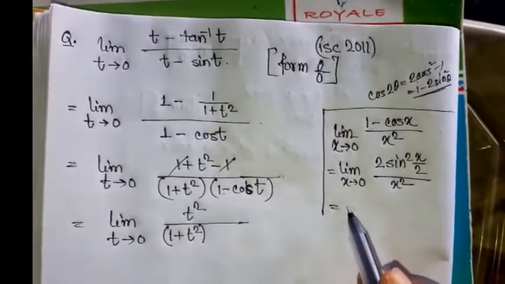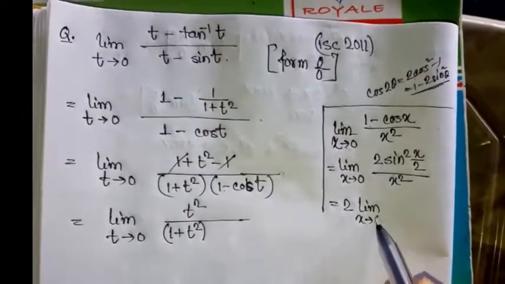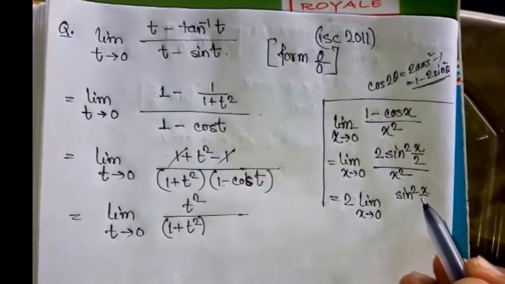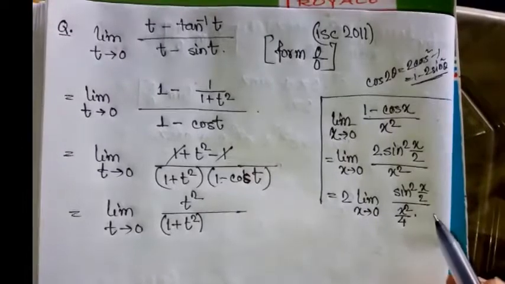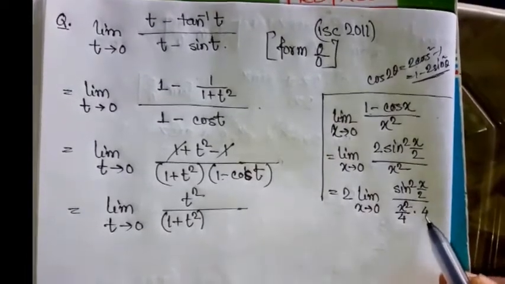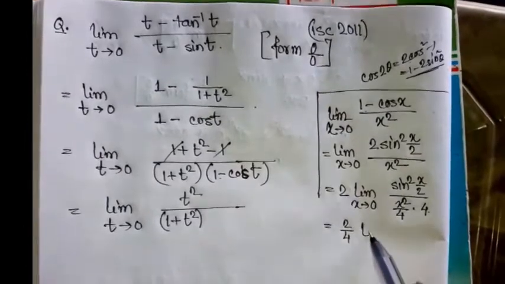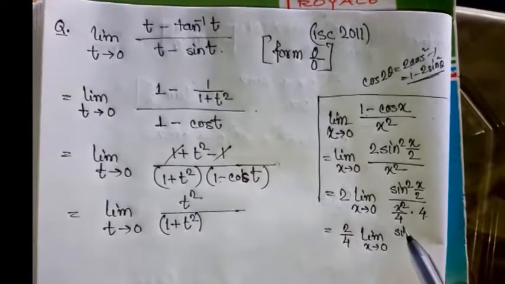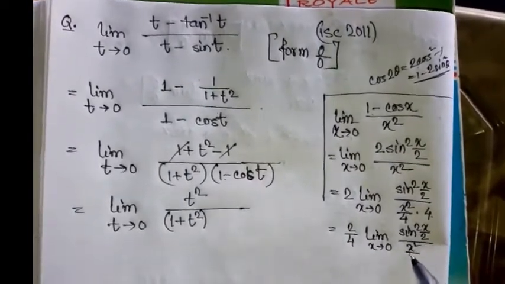Understood? So take 2 outside, then limit x tends to 0, sin square (x by 2). To make the formula you need x square by 4 here, and to balance it multiply by 4. Now consider 4 outside, then limit x tends to 0, sin square (x by 2) by x square by 4.